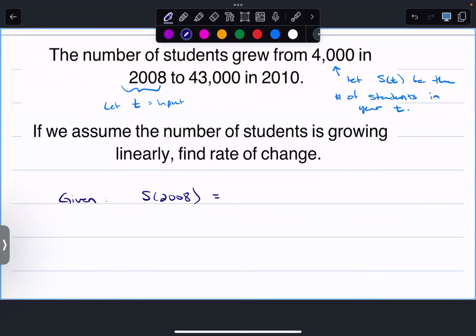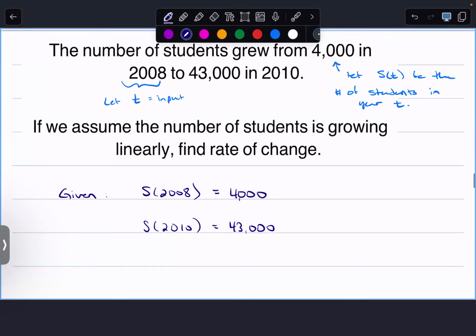S of 2008 is 4,000, and S of 2010 is 43,000. Put commas in to separate.